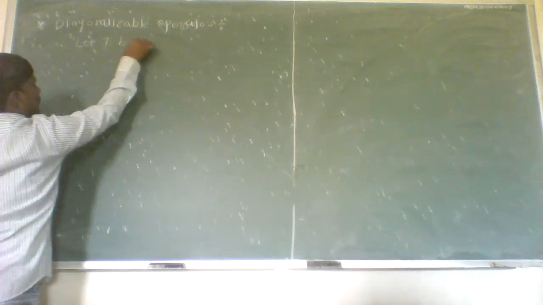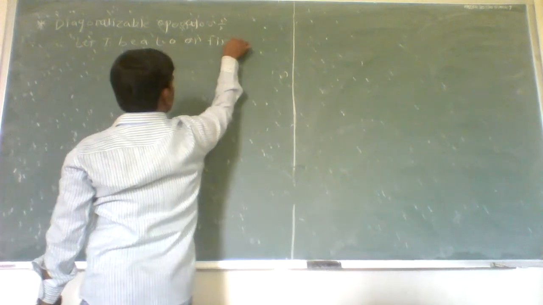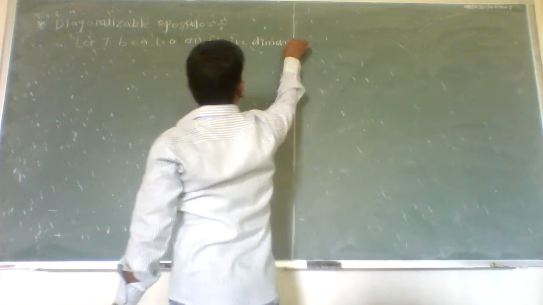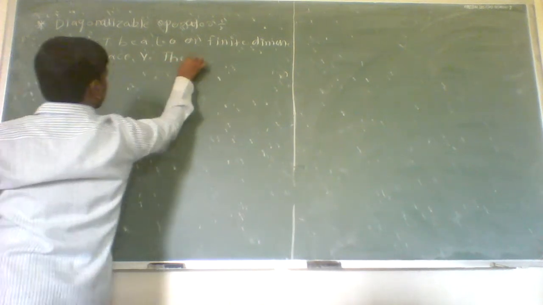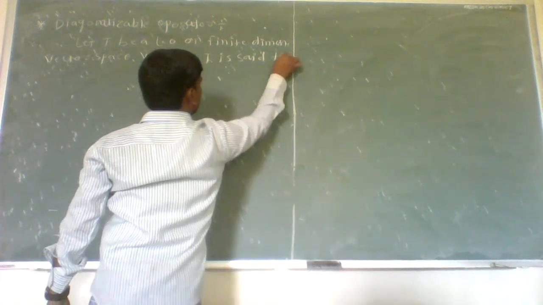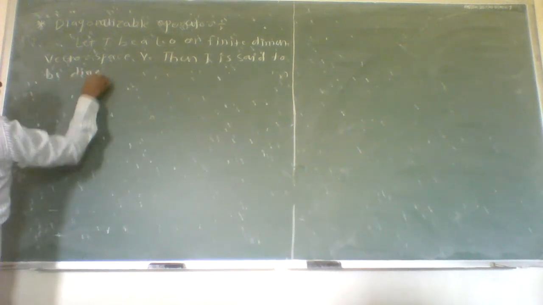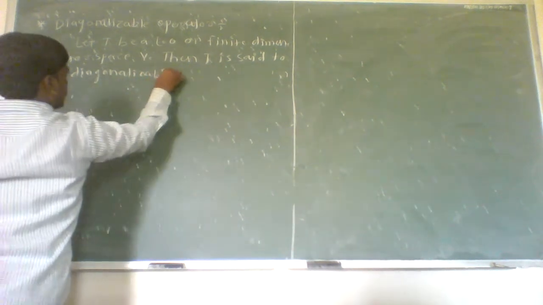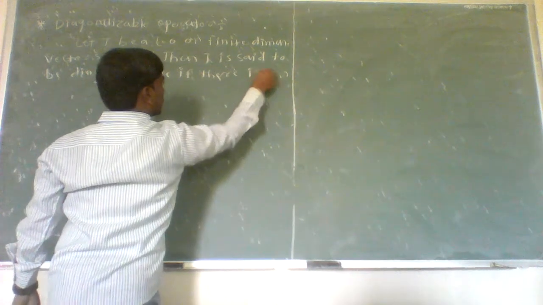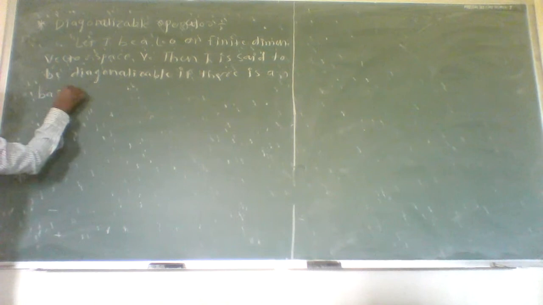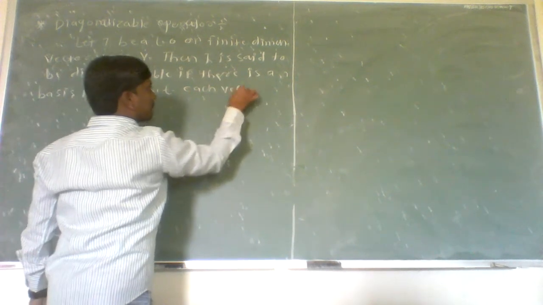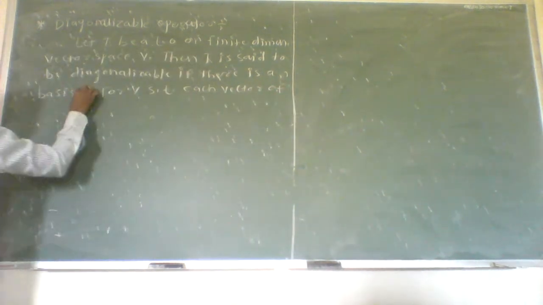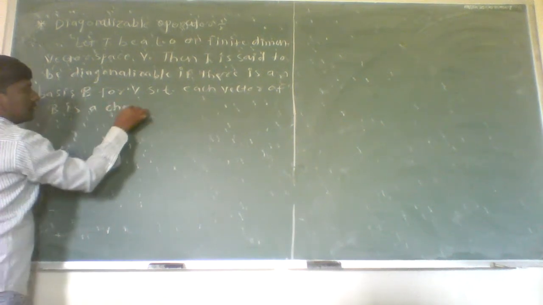Let T be a linear operator on a finite dimensional vector space V. Then T is said to be diagonalizable if there is a basis B for V such that each vector of this basis B is a characteristic vector.